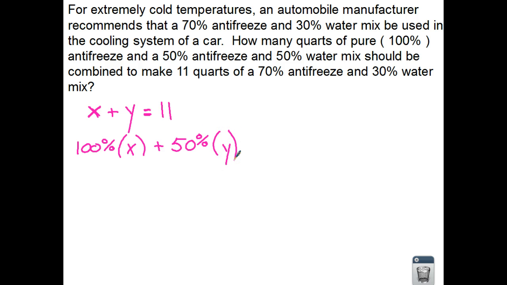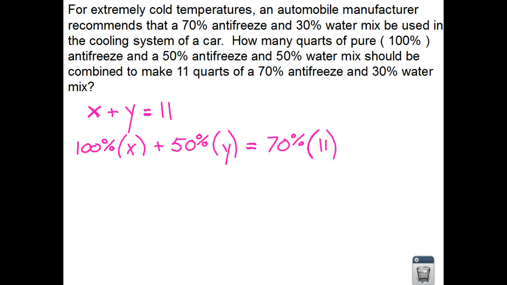We'll multiply that by our second unknown, and when we put it together, the 100% and the 50% mix must equal a 70% total of, and of means multiply, the 11 quarts that we need.